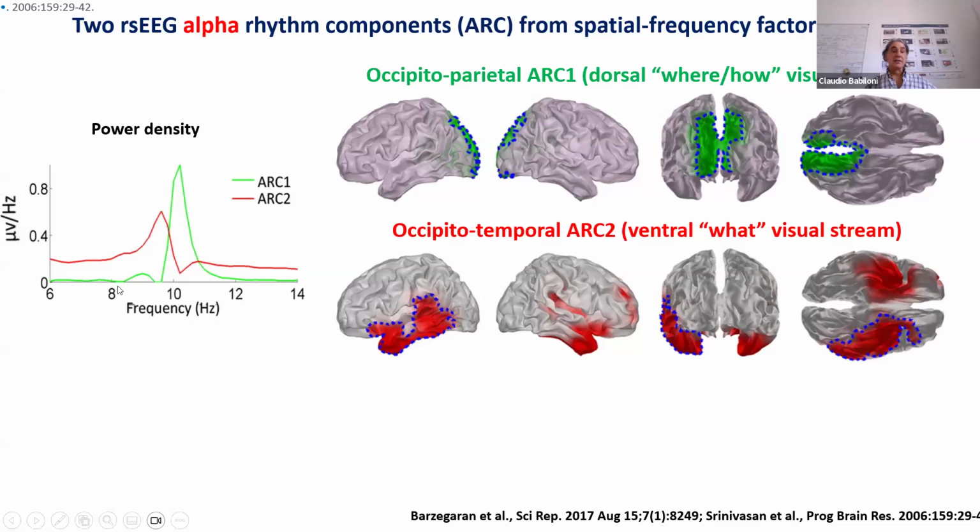ARC1 in green is characterized by 11 Hz and the cortical source activity in these occipitoparietal green sources in the model.